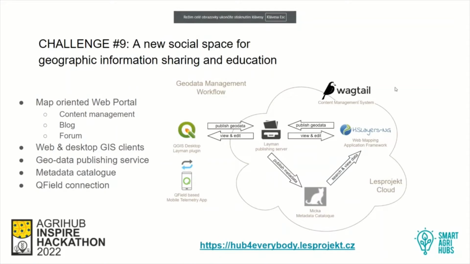We call this the geodata management workflow, and to say it in short, it is a set of tools integrated together into one complex solution, which is designed for anyone to be able to not only browse through existing maps, but most importantly to publish their own map layers and maps and then share them with others.